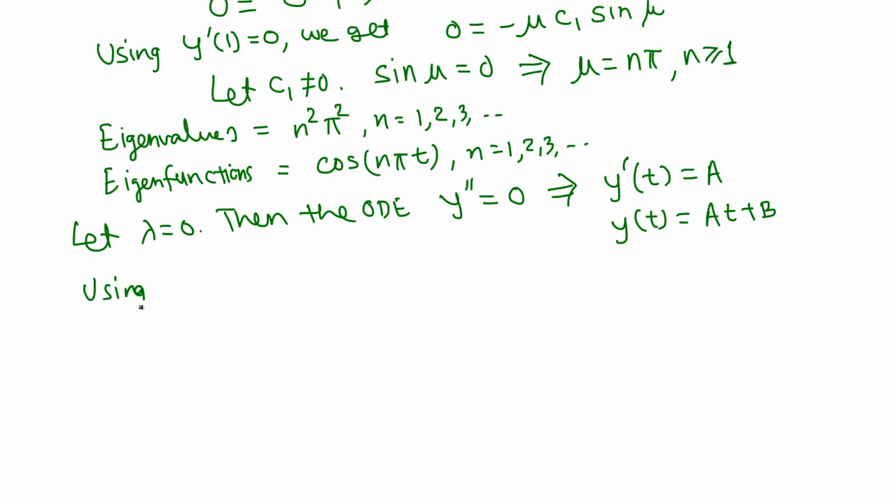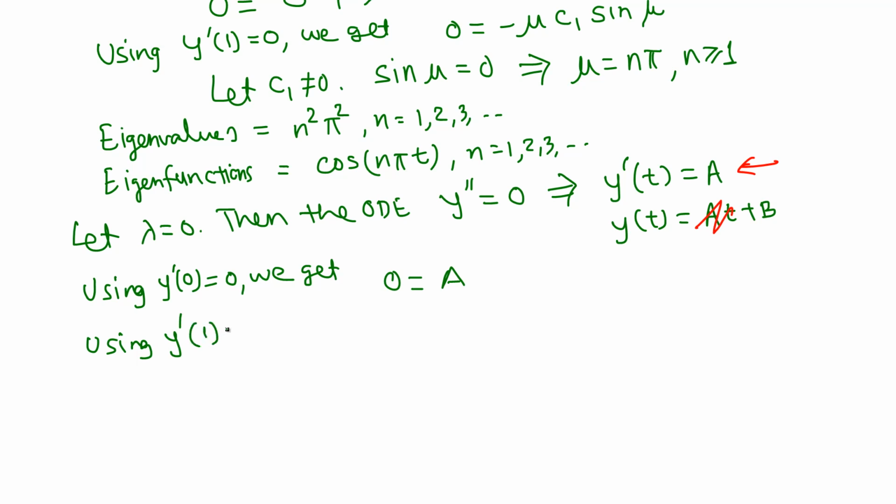So using y prime at 0 equals 0, that means here, y prime is 0 when t is 0, but there is no t, so a is 0. Okay, and if we go to the solution now, a is 0 means we get rid of this. Let's use the second boundary condition, which is y prime at 1 equals 0.